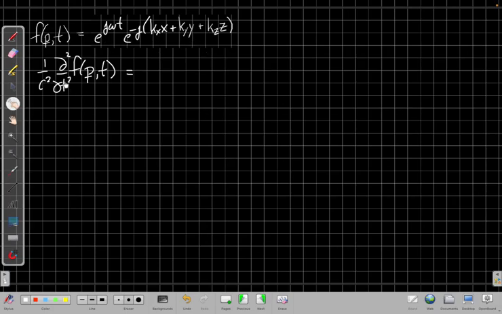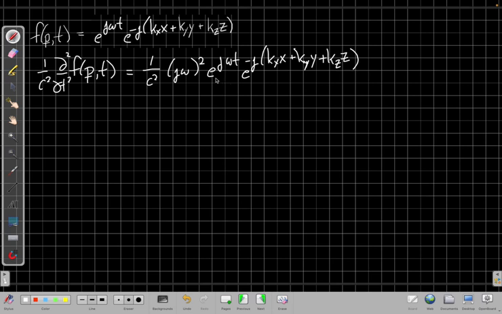So I'll get a 1 over c squared, and then the second derivative from the chain rule will bring down a j omega squared. Everything else remains the same because it's an exponential and I'm taking the derivative with respect to t. This is why I separated these out. Everything in the second exponential doesn't matter at all. I can simplify j omega squared as just minus omega squared, and everything to the right is still f p of t, so I'm going to rewrite it like that.